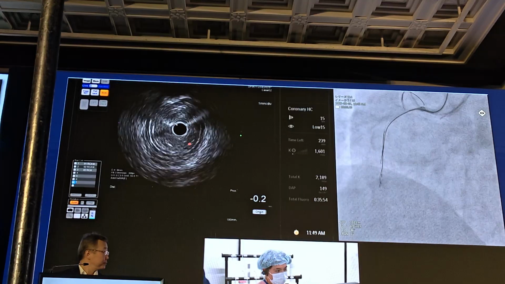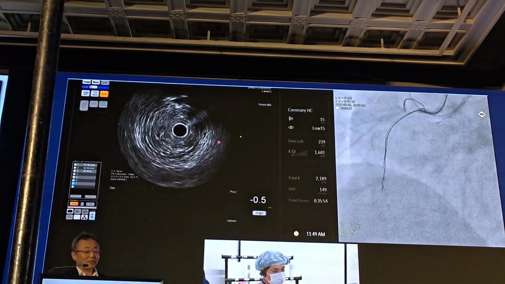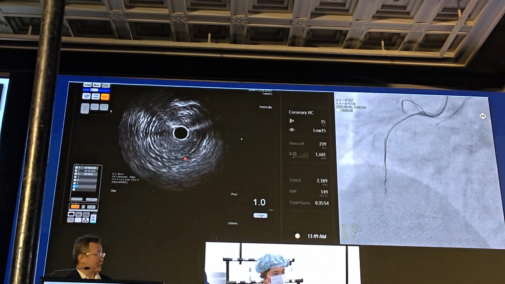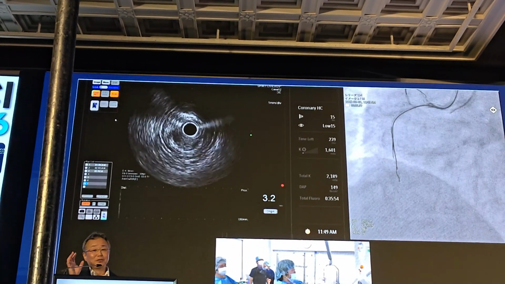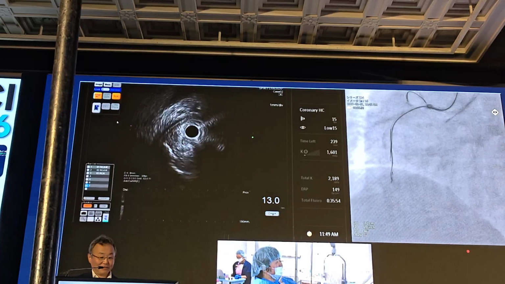Is it true lumen, even though the IVUS is in the lumen, right? Yes, the IVUS is intraplaque, but not inside the distal true lumen. Intraplaque, but away from the lumen.